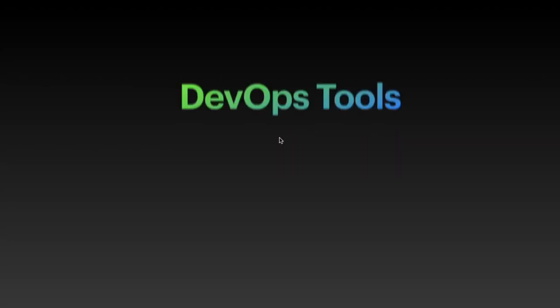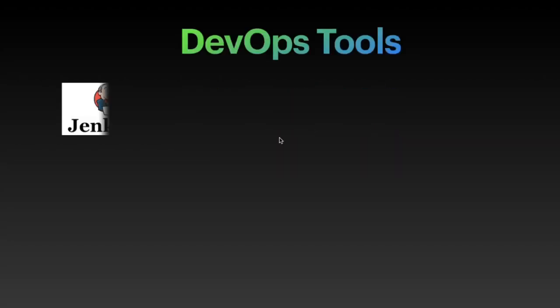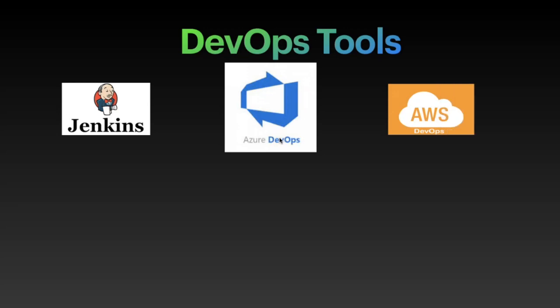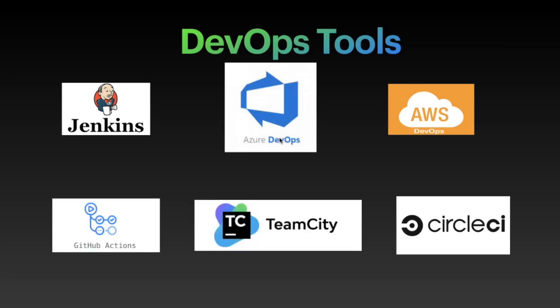So when it comes to DevOps tools, there are many tools like Jenkins, Azure DevOps, AWS DevOps, GitHub Actions, TeamCity, CircleCI, and many more. Some are cloud-based tools like Azure DevOps, AWS DevOps and GitHub Actions.